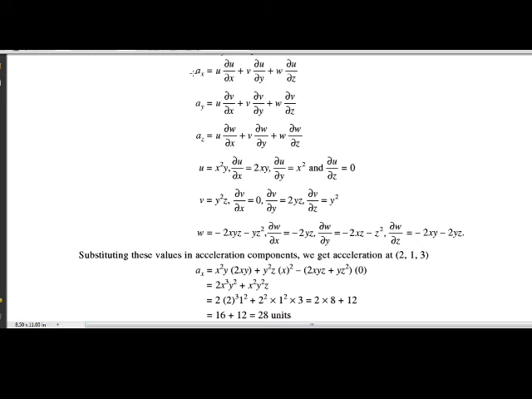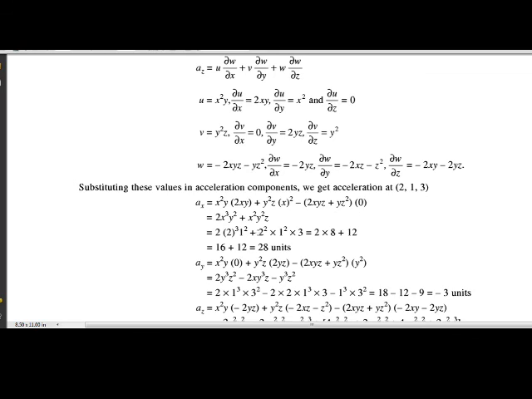So the first equation: ax = u, which is x²y, into ∂u/∂x, whose value is 2xy. So x²y into 2xy, plus v, which is y²z, into ∂u/∂y, which is x², plus w, which is −(2xyz + yz²), into ∂u/∂z, which is 0.